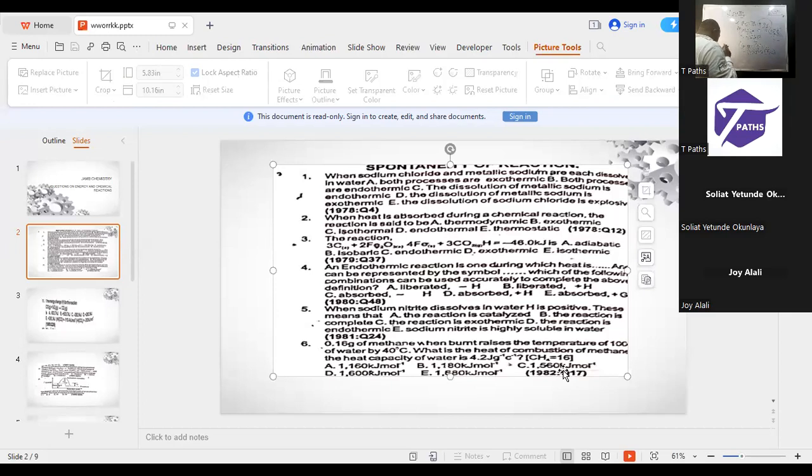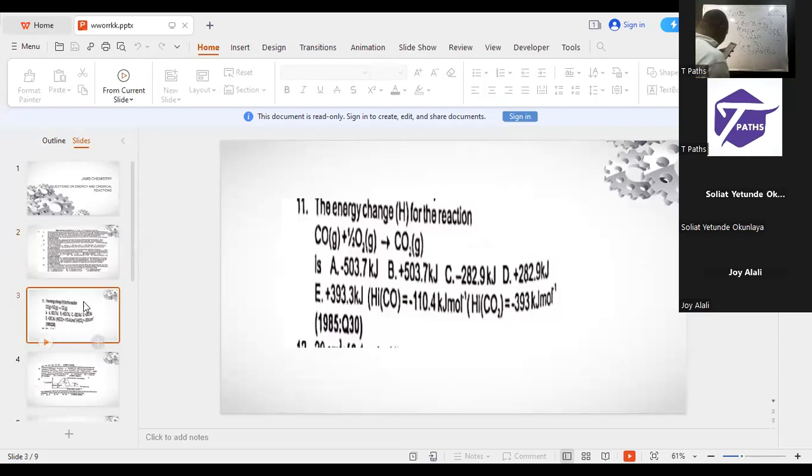That should be it. The next question, they told us about the energy change of the reaction CO gas plus oxygen to CO2. We don't know it, but the question gives that the enthalpy of formation of CO is equal to minus 110.4 kilojoules per mole, and of CO2 is equal to minus 393 kilojoules per mole.